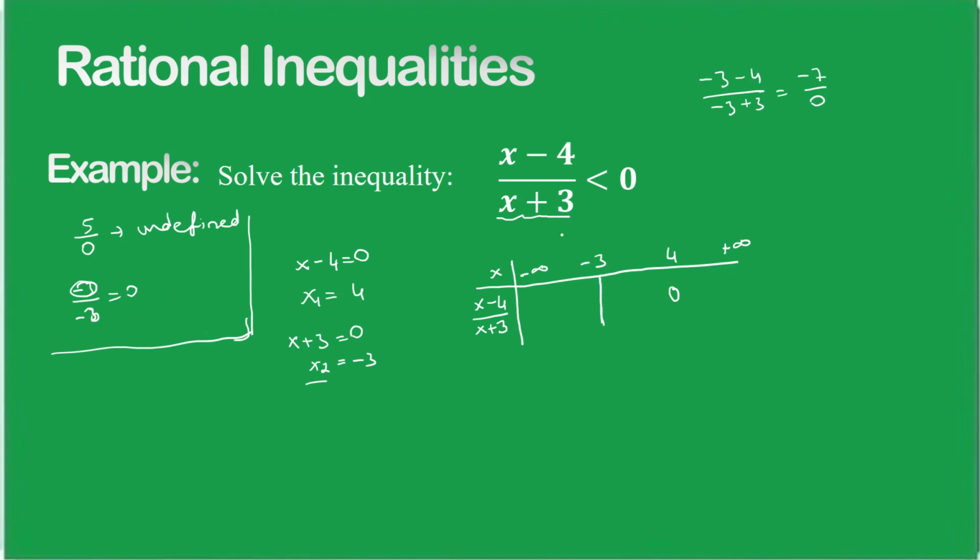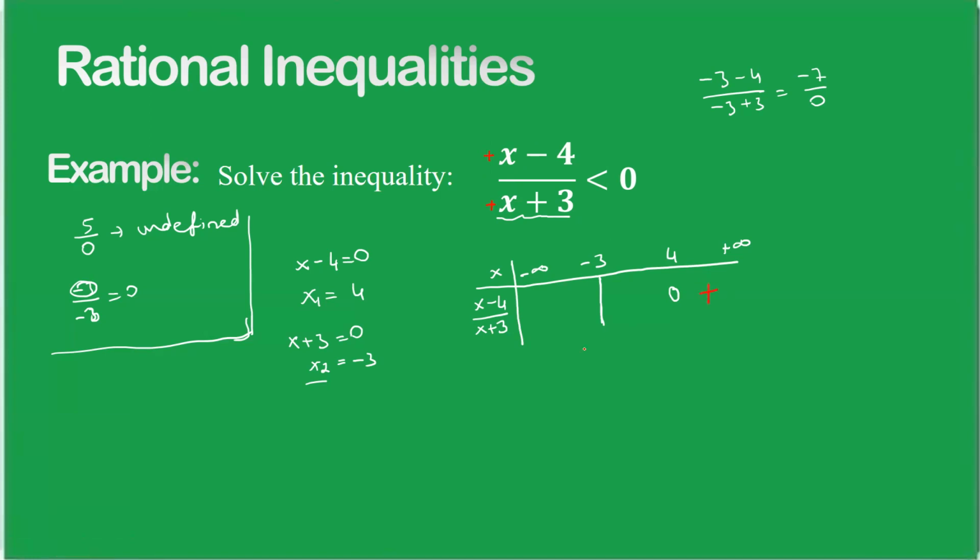Now what about the first sign? You may put a number, for example, which is greater than 4. For example, 5 can be, or just use the signs of the leading terms here. These are important. The leading term is x here, so it is plus, and here also plus. Positive over positive makes positive.